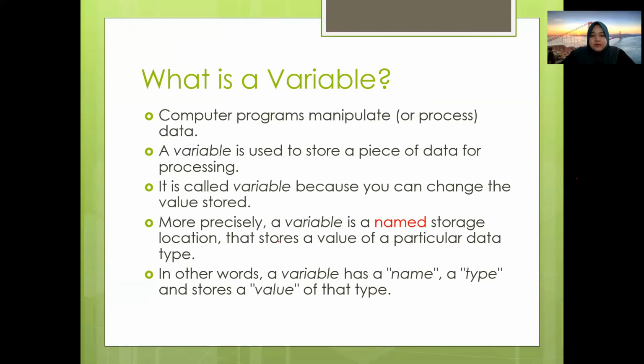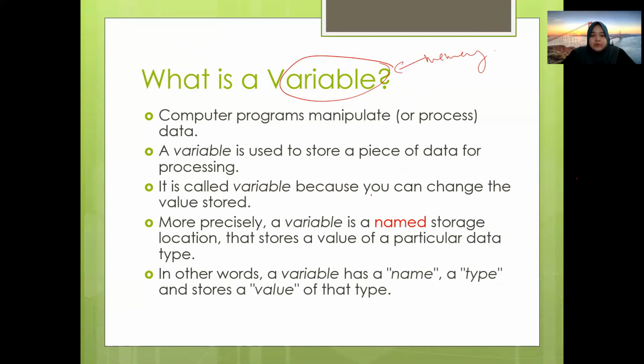So what is a variable? Remember, computer programs manipulate or process data. Okay, remember kita punya program kita akan manipulate the data. So a variable is used to store a piece of data for processing. Remember guys, variable is the memory ataupun storage untuk simpan data dan information.